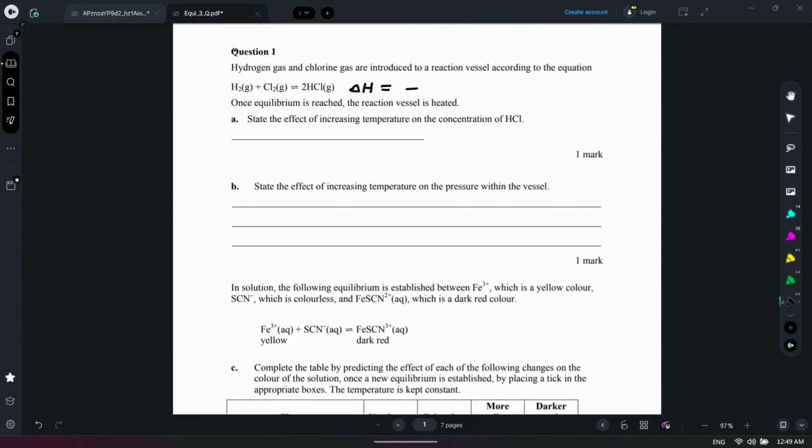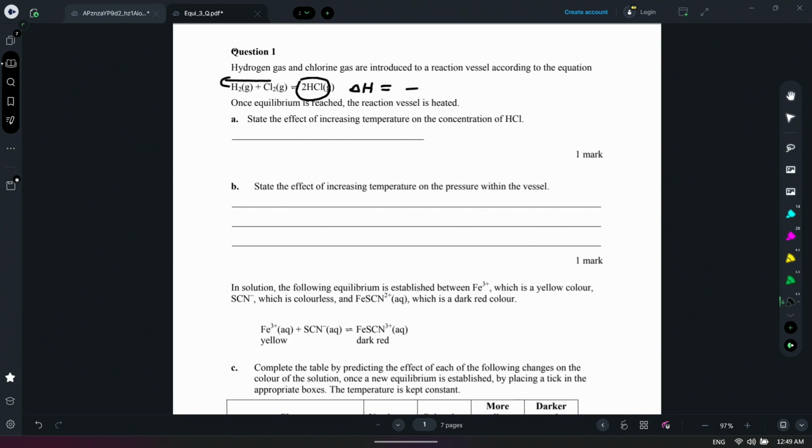In order to decrease the temperature, the system should favor not the exothermic reaction but the reverse endothermic reaction. When the reverse endothermic reaction is favored, you will be using hydrochloric acid to produce hydrogen and Cl2.